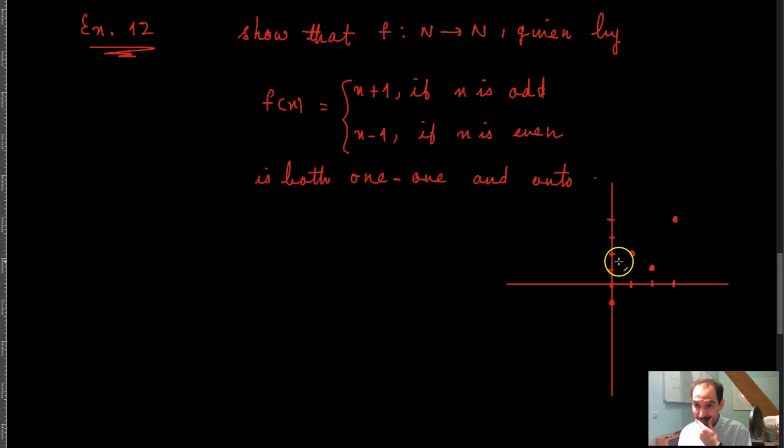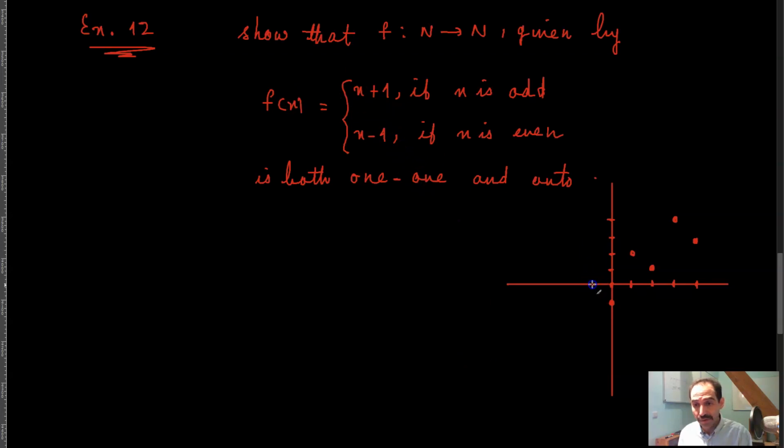And then for example, when x is equal to 4, since x is even, 4 minus 1 is equal to 3. You can see that this keeps repeating itself all the way up to infinity. If I go in the other direction, the same thing happens with the negatives.